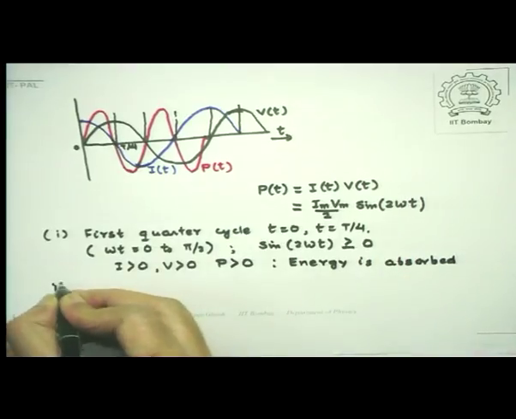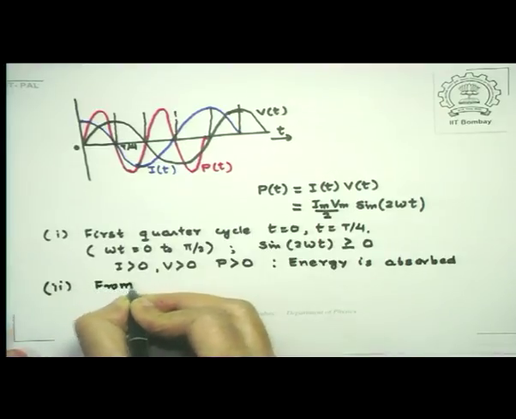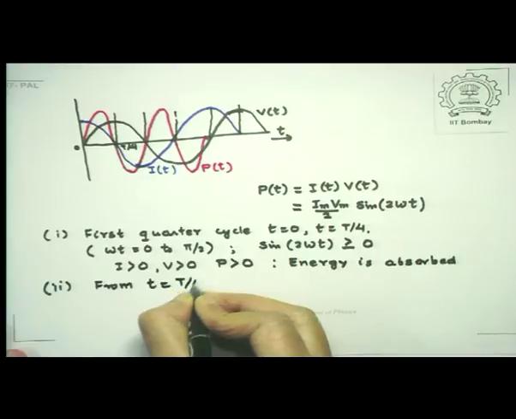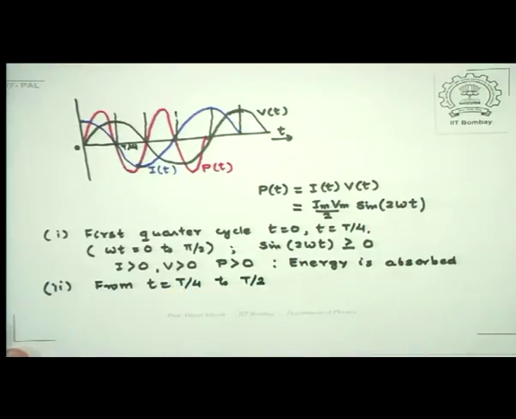In the next quarter cycle, that is from t equal to T by 4 to T by 2, you notice that power becomes negative because though the voltage remains positive, the current has now become negative. So what it implies is the energy that was absorbed in the first quarter cycle is now returned to the source.